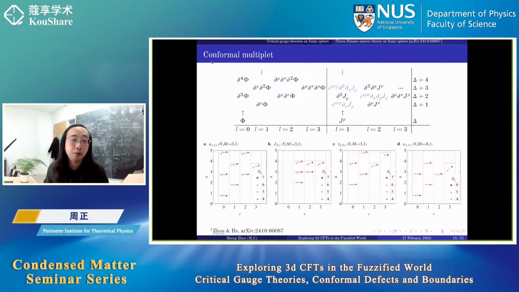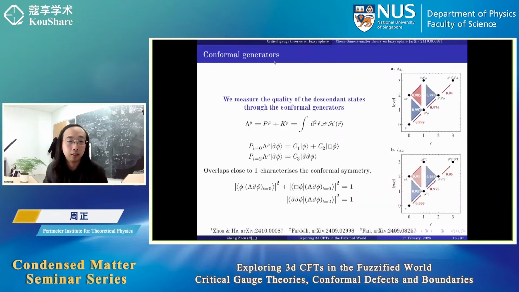We can make use of the conformal generators. For example, the conformal generator P mu plus K mu can be written as the Hamiltonian density H integrated against the coordinate. So by acting this generator on a state, it increases or decreases the number of partial derivatives by 1.